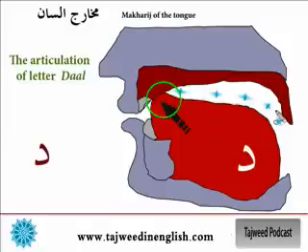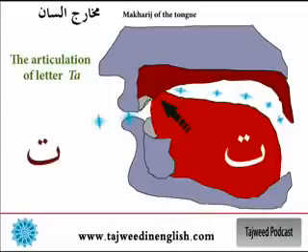So the air comes from the throat and comes from the side of the cavity of the mouth, the oral cavity, and then stops there where the makhraj is. The articulation of the ta is the same as the dal.